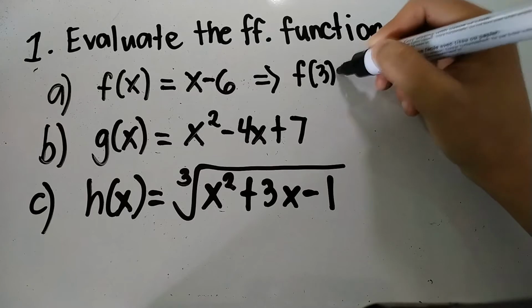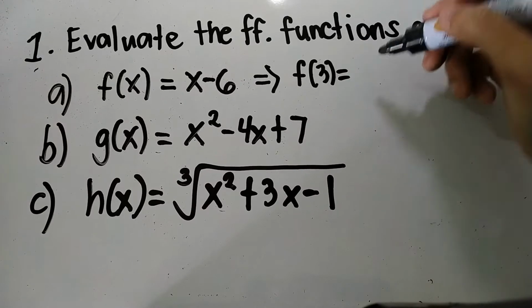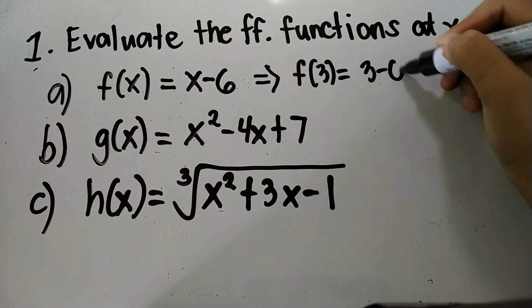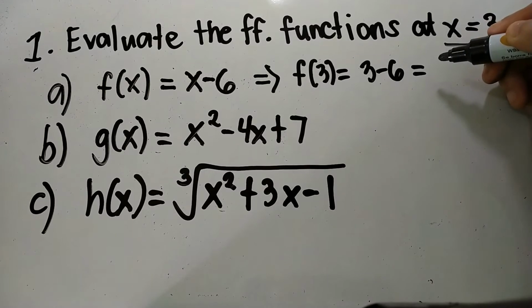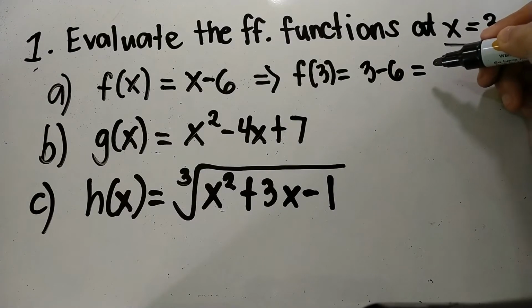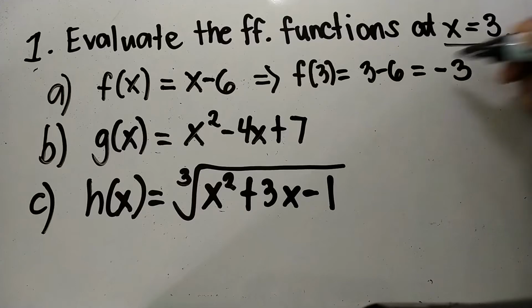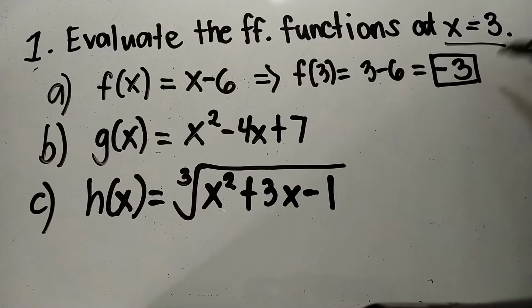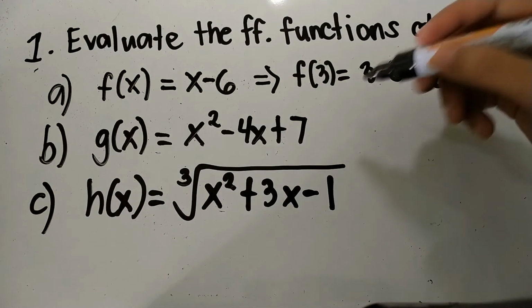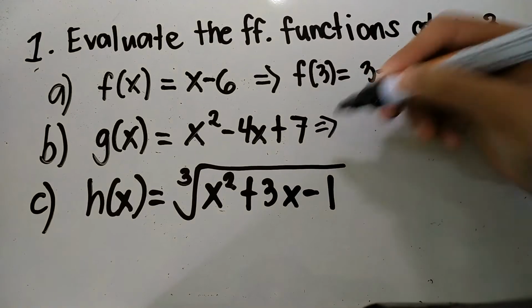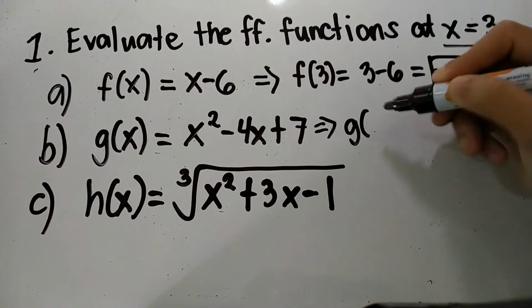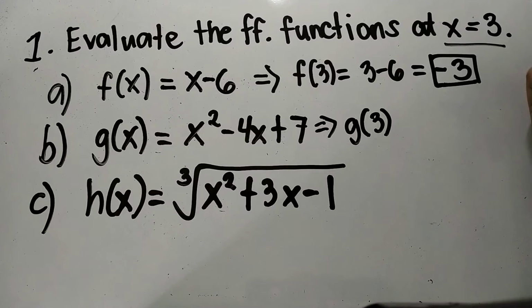So f of 3 is equal to 3 minus 6. It's equal to negative 3. So that's the answer. Next is g of 3. Palitan natin yung x ng 3.